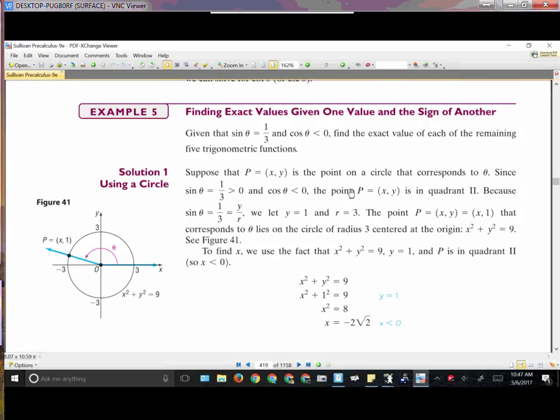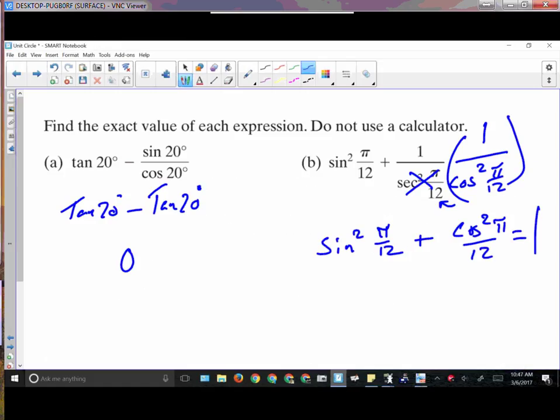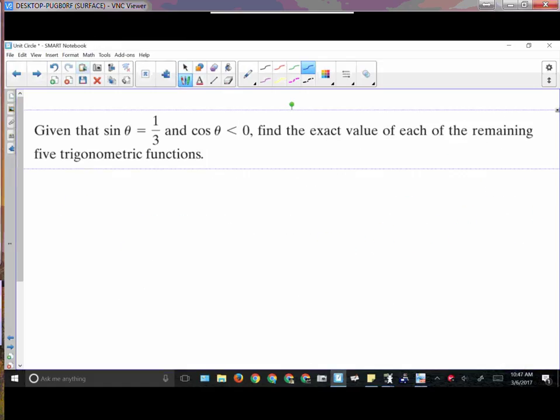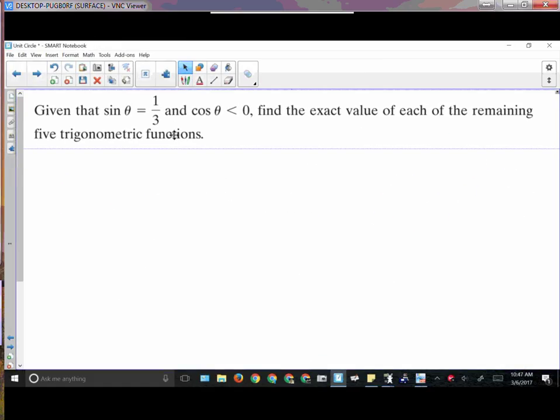So, take a look at this. Okay, given that sine of theta is equal to 1/3. Now, we're supposed to go through and find the rest of the stuff, right?